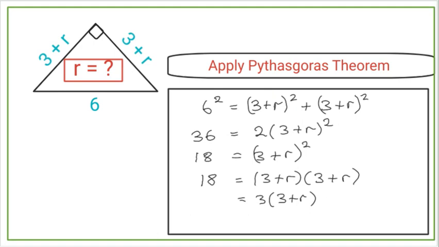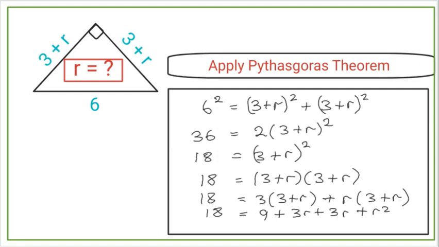So we're going to get plus r by 3 plus r. Again, we have 18 over here. So we have 9 plus 3r plus 3r plus r squared, and we have 18.